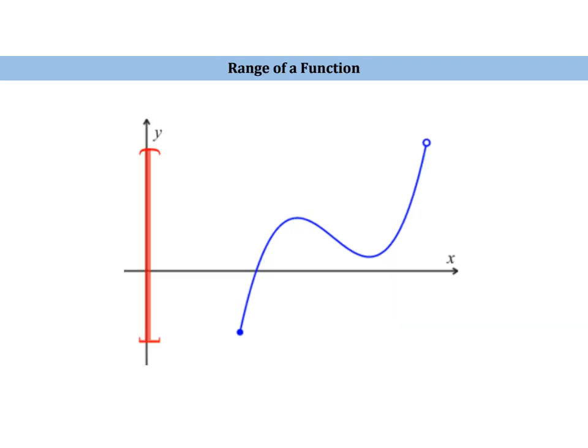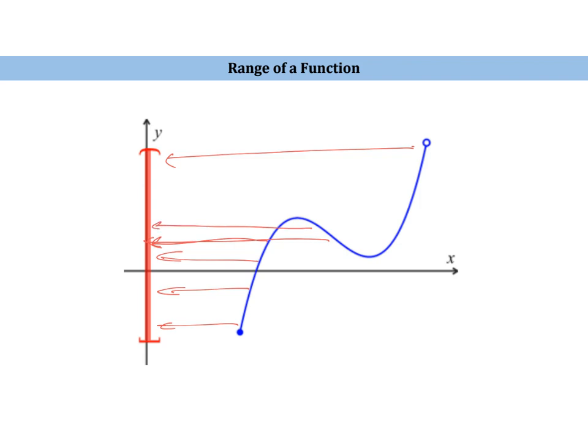Likewise, we can do the same thing for our range. So for our range, we smash our function to the y-axis. So every value, we go from bottom to top actually. Notice some values in our range get doubled up on, or even tripled up on as we go up.